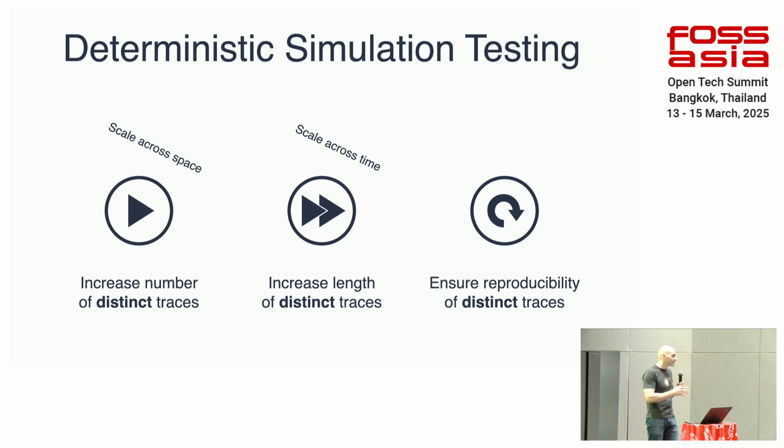You can, in effect, squeeze 30 years of traffic into 8 hours of testing. And lastly, deterministic simulation testing enables you to reproduce a trace by ensuring that for every starting state, there is only one possible trace through the system.